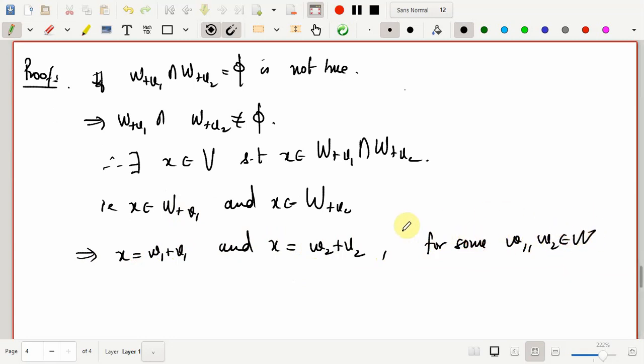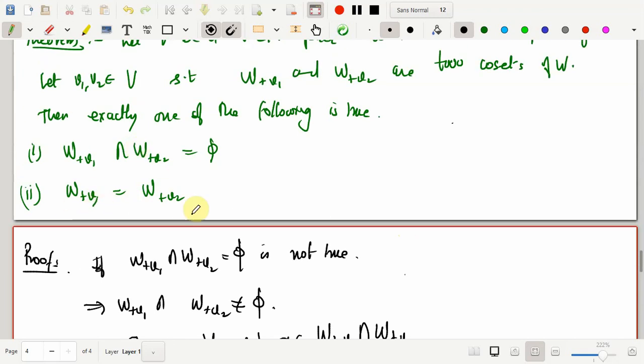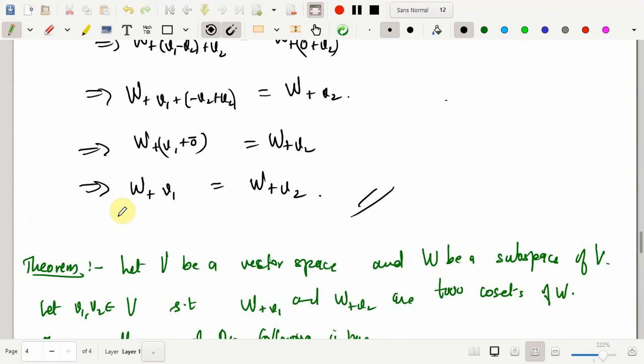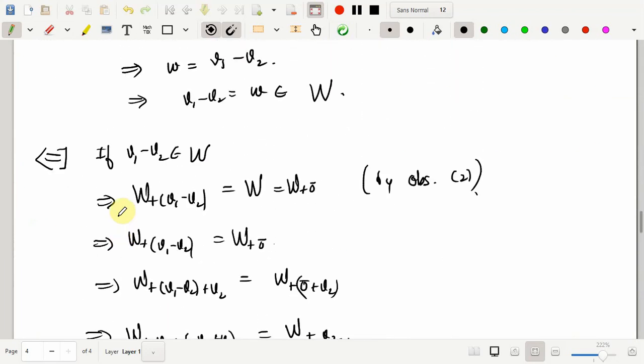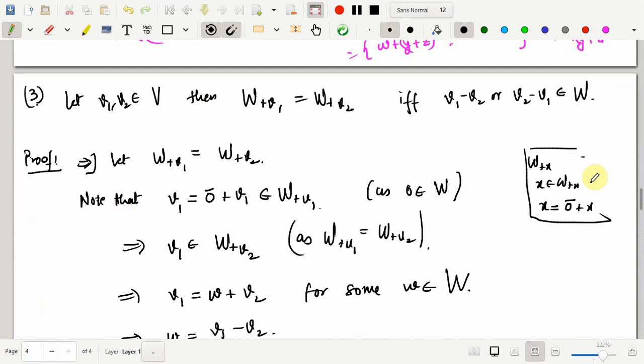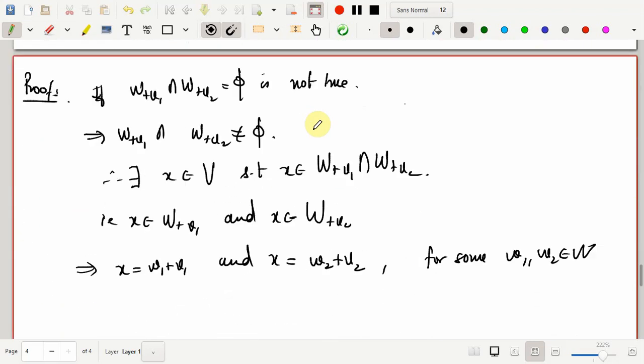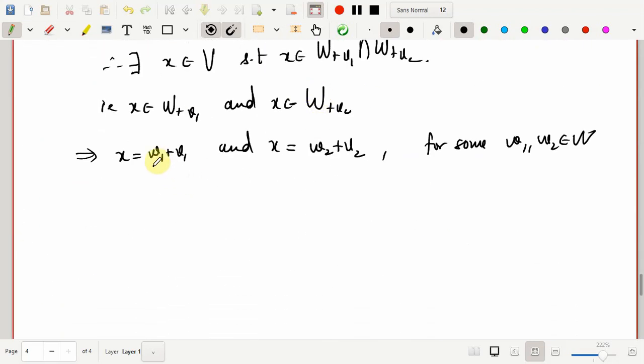What I need to show is that W plus V1 is the same as W plus V2, and that can be shown by showing that the difference V1 minus V2 or V2 minus V1 belongs to W, right, by the above observation. Because the above observation says that whenever the difference V1 minus V2 or V2 minus V1 is in W, this implies that W plus V1 is the same as W plus V2, right? And it is very easy to observe that property from here.